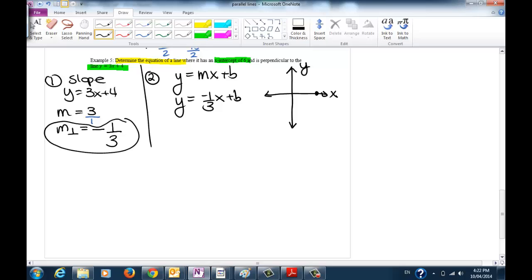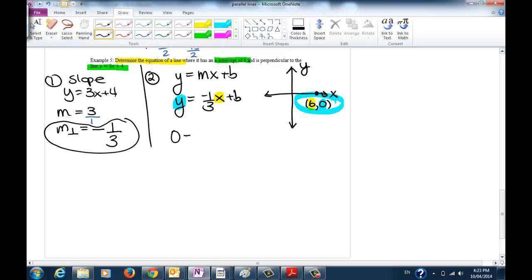It's positive, so it's a little bit of an estimation here, but this is my graph. Now, I want to know what this point is, because we've been using a point to substitute in. Well, I've gone over in the right direction 6, and I've gone up 0. So the point that I'm going to use is (6, 0), which means wherever I see an x, I'm going to substitute in 6. Wherever I see a y, I'm going to substitute in 0.